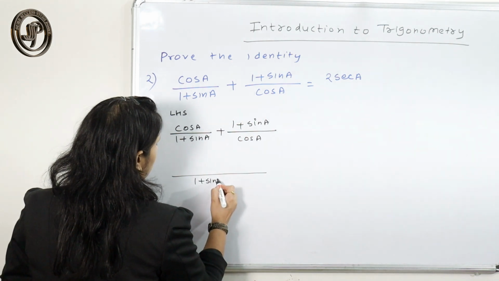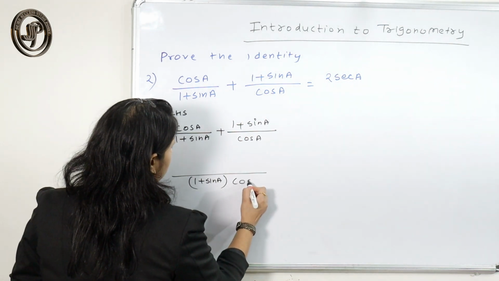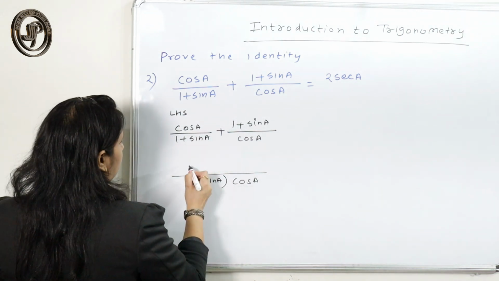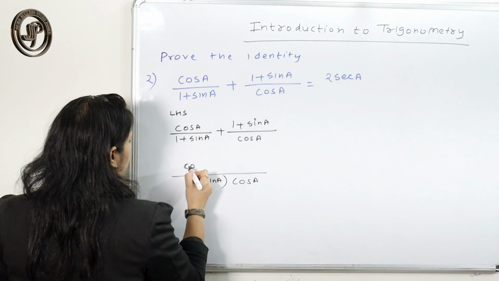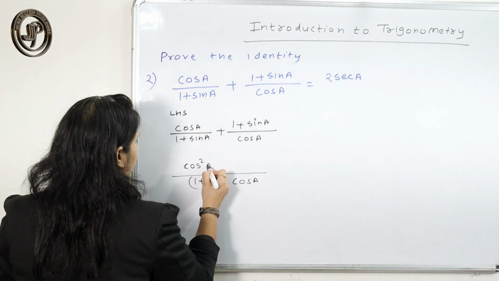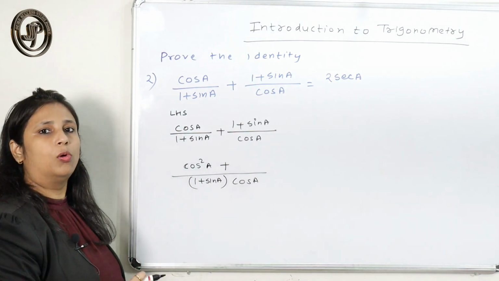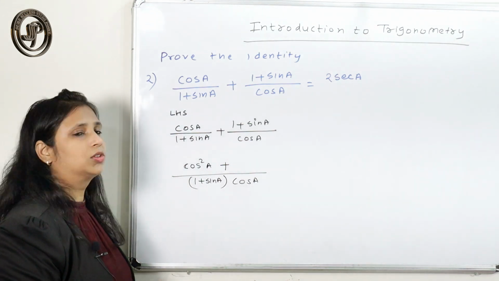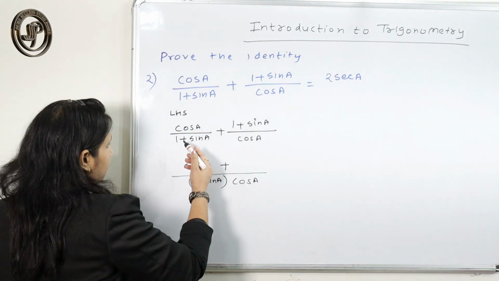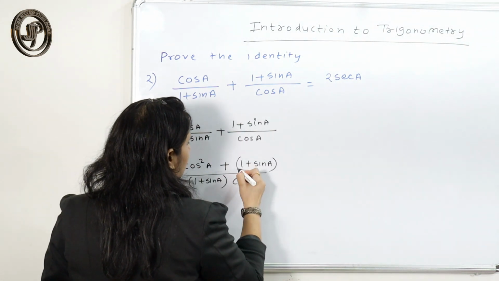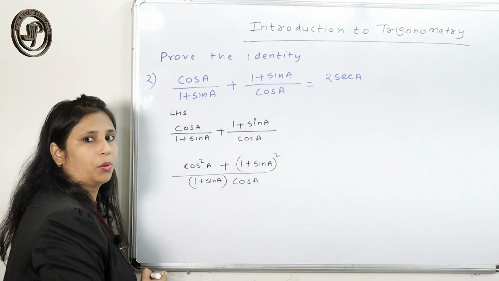So what I will do is take the LCM. Then this becomes cos square A, when I multiply this by this, cos A whole square. And when I multiply this, I will get (1 plus sine A) whole square.